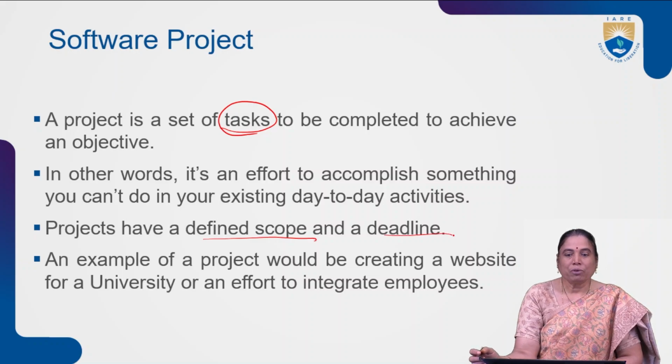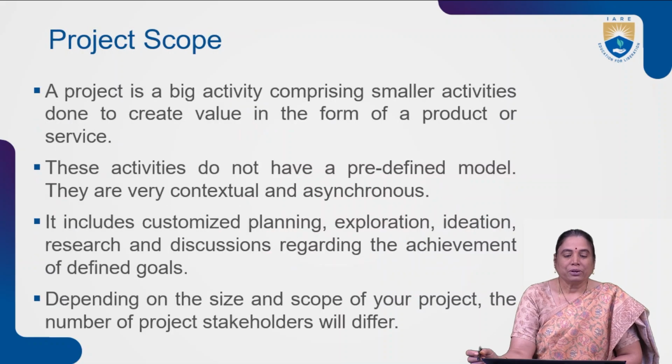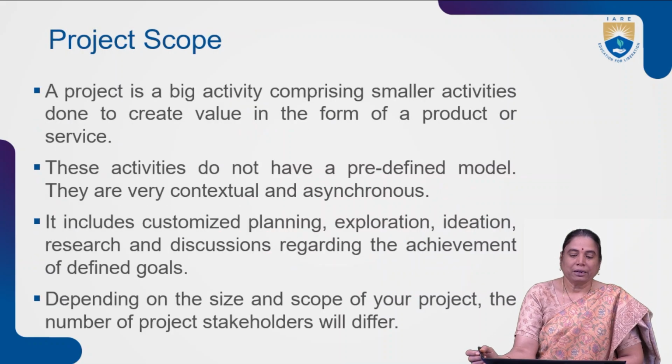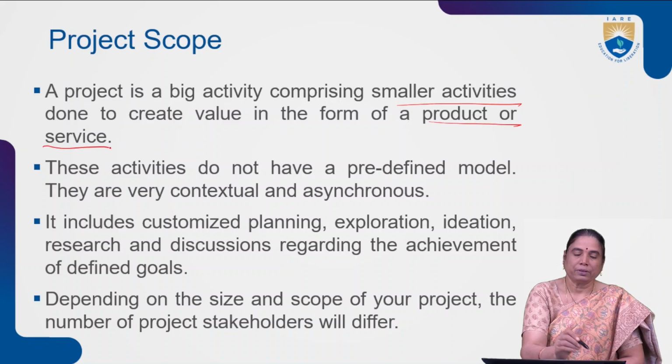An example of a project would be creating a website for a university or an effort to integrate employees into the HR management system. The project scope is a big activity comprising smaller activities done to create value in the form of a product or service.